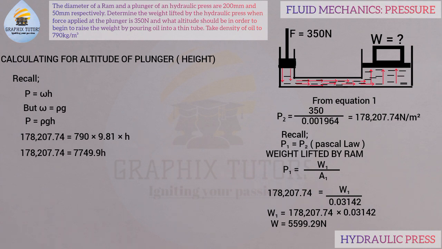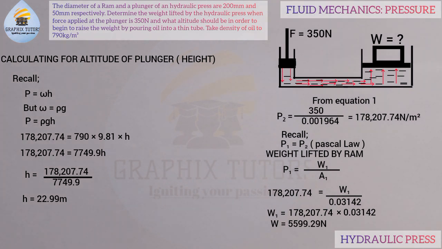So making H the subject of the formula, we're going to be having 178,207.74 all over 7,749.9. So the H here will be given as 22.99 meter.